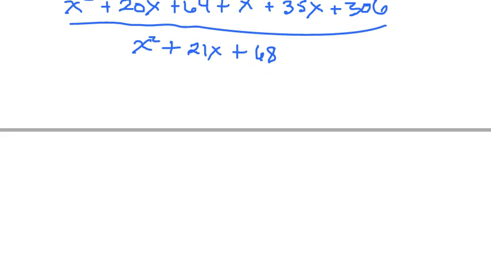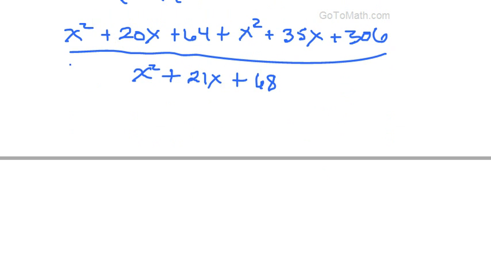All right, well, let's do something with this top up here. So we have an x squared and an x squared, and that's going to give us 2x squared. Then we have a 20x and a 35x, that's going to give us 55x.